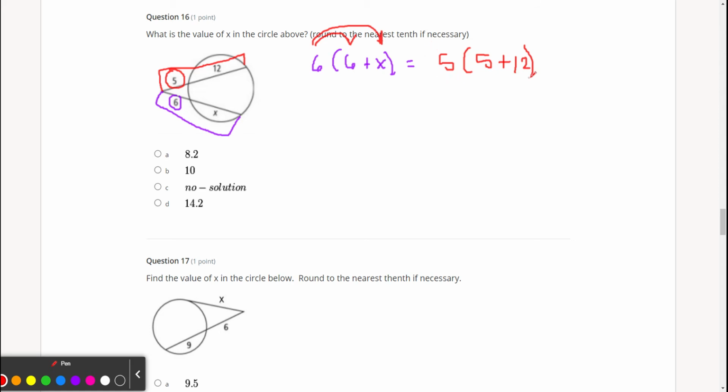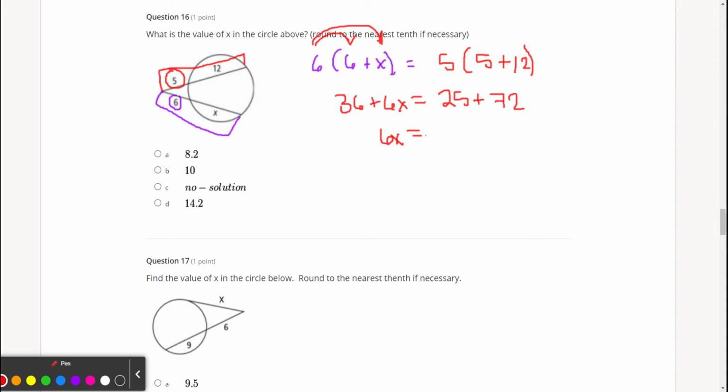Honestly, you can put the whole thing in the calculator exactly the way you see it and do it in one step. We can do it that way. 25 plus 72. Should be 61.